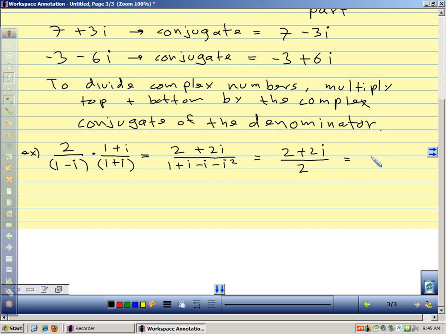So I get 1 plus i. I can factor a 2 out of each of these and cancel that 2. So multiplying by the complex conjugate gets rid of the complex number in the denominator, and I just end up with a real number in the denominator.